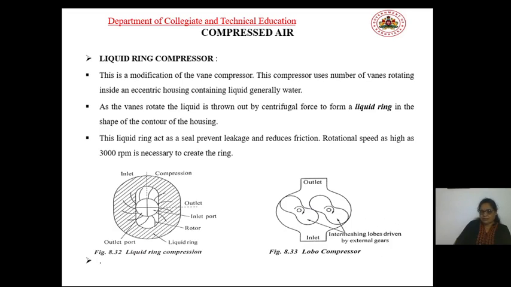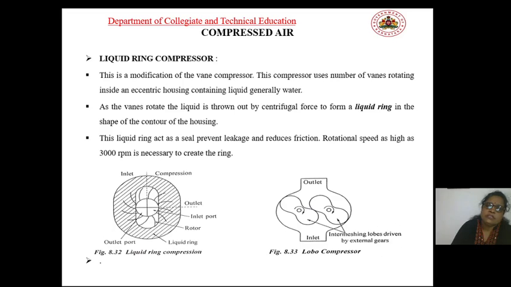To balance the pressure of the fluid, here we use the elliptical type of ring. To balance this we are using 2 inlets and 2 outlets, so the amount of air entering into the system goes out through the 2 outlets.